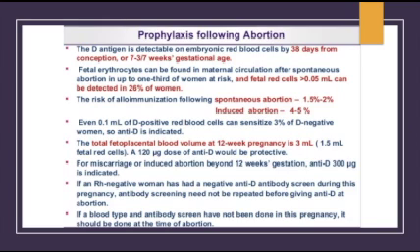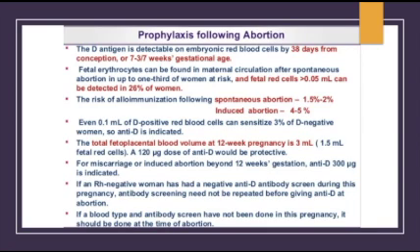The risk of alloimmunization following spontaneous abortion is 1 to 2%, and following induced abortion 4 to 5%. Even a small dose of D-positive red cells can sensitize 3% of D-negative women, so anti-D is indicated.